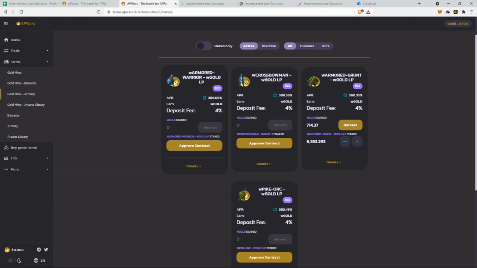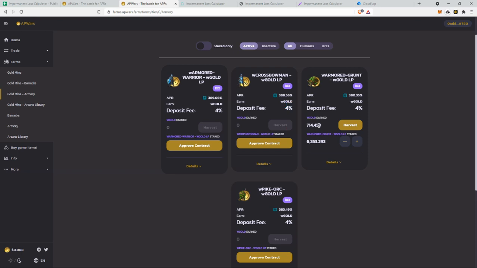You will have crossbowmen, let's say, war gold liquidity pool, and you are still getting 388% APR. Be careful that there is a deposit fee of 4% on your LP tokens, so be sure to stake them here if you are here for the long run.